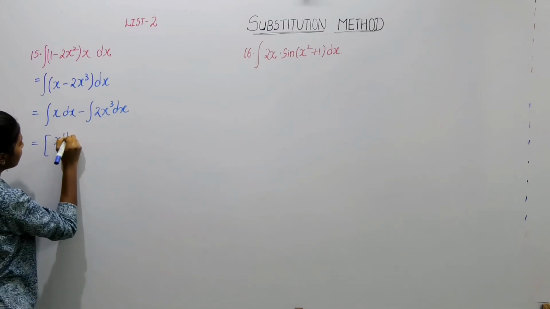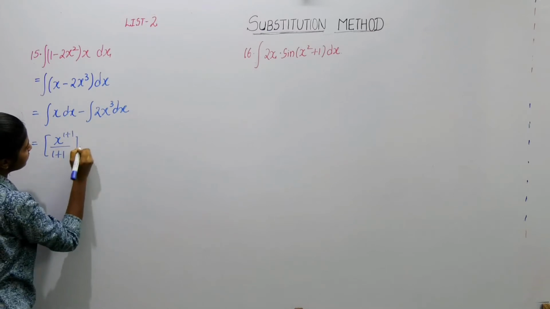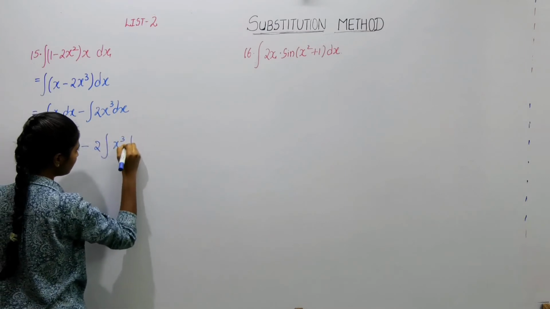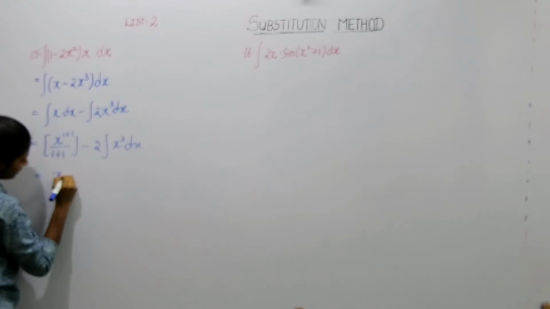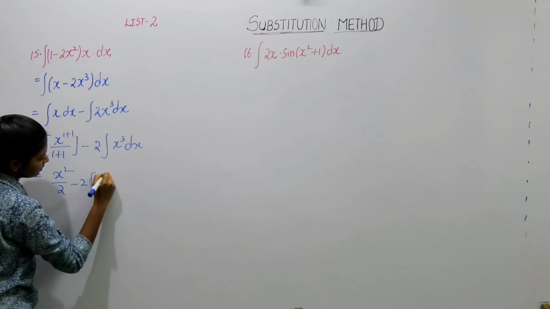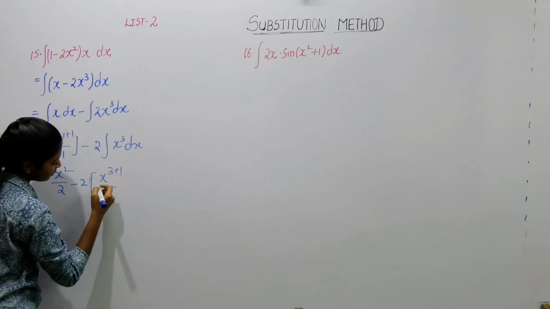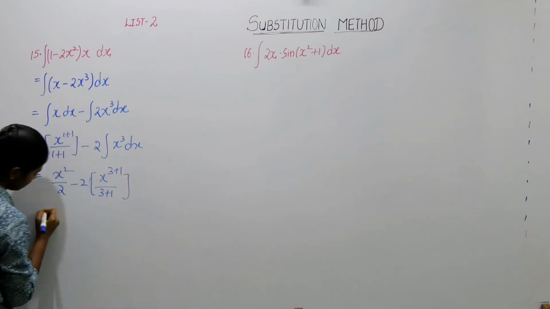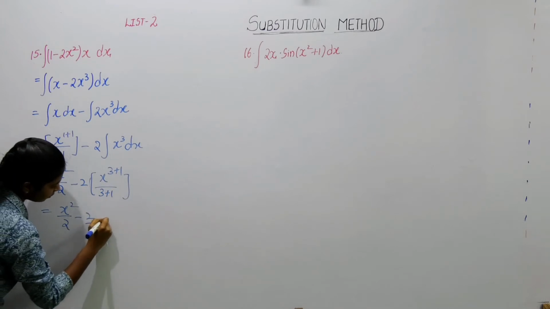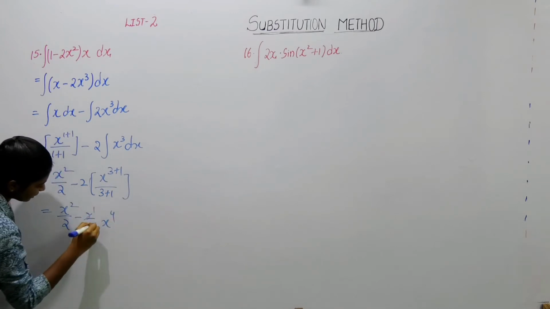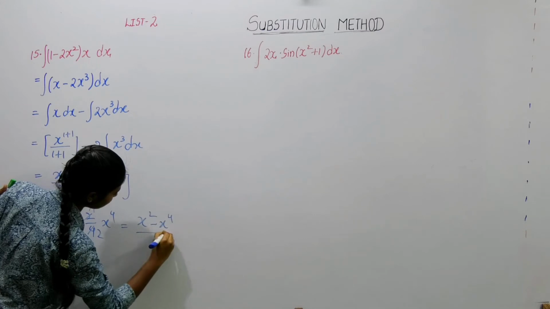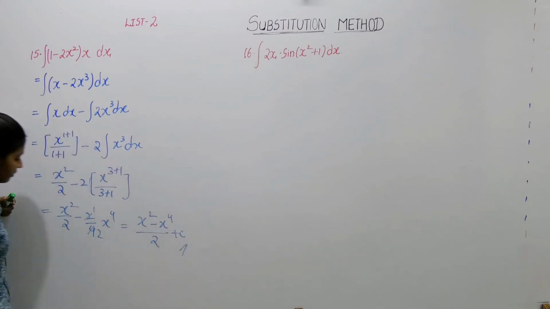When we substitute it here, we get x power 1 plus 1 by 1 plus 1 minus, here 2 is constant, we take it out of the integration, x cube dx. We can write this as x square by 2 minus 2 integral x cube. When we substitute the formula, we get x power 3 plus 1 by 3 plus 1. On simplifying, we get x square by 2 minus 2 by 4 x to the power of 4. On simplification, finally we get x square by 2 minus x power 4 by 2 plus c. This is the final answer.